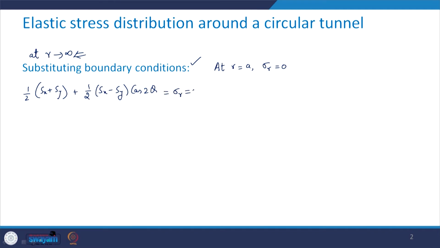Now, this is equal to 0, and as per the stress function approach phi, last class we derived the expression for this sigma r.